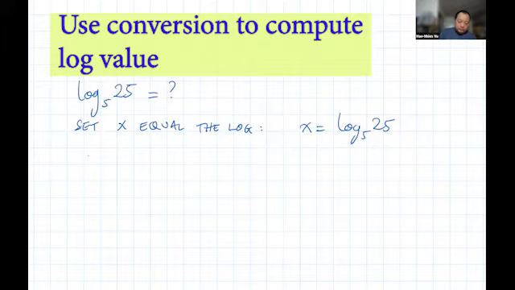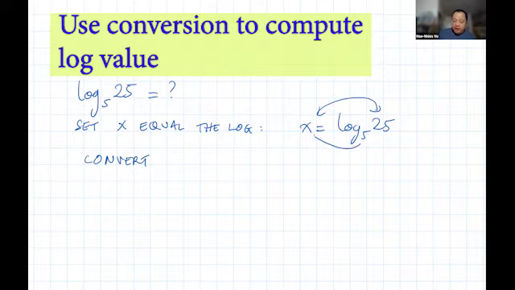And then we convert. Then we switch places of these two, or you can think of it as the 5 pushing the x upstairs. Either way, you end up with 5 to the x is equal to 25.